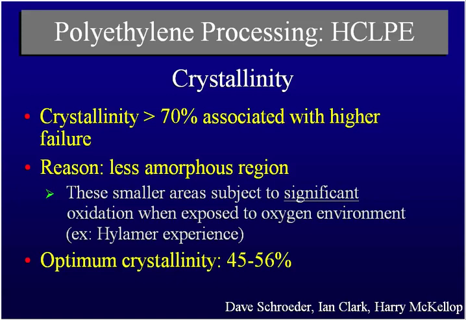So these areas are subjected to significant oxidation when exposed to oxygen. So if you have a highly crystalline product, for example the Hylamer experience, which had a high failure rate, and you oxidize it, those amorphous areas will oxidize, and you have small areas, and they will just fall apart. So what you want to do with these post-processing areas of high cross-link polyethylene is low crystallinity, high cross-link.